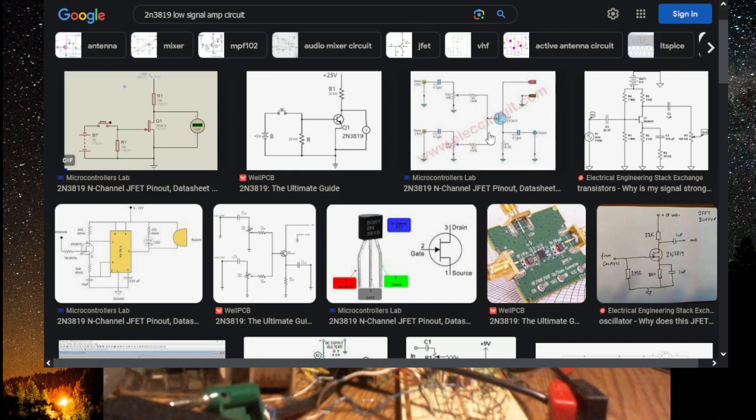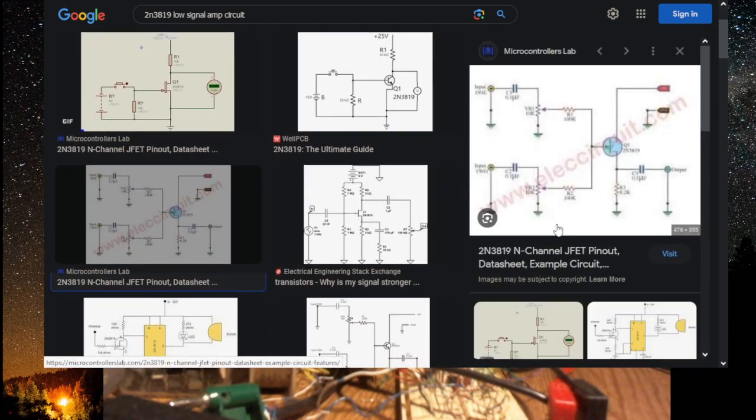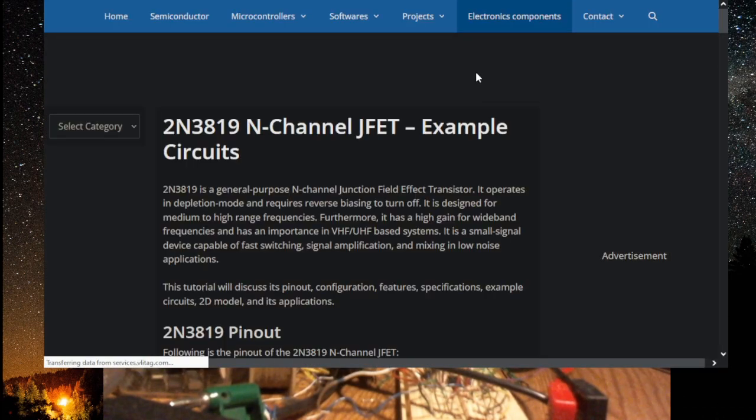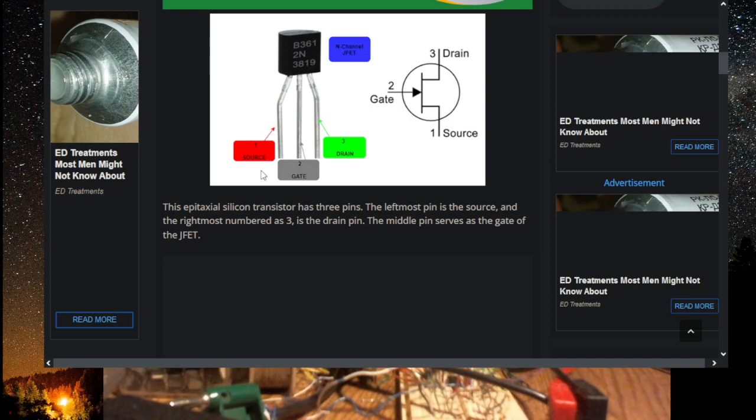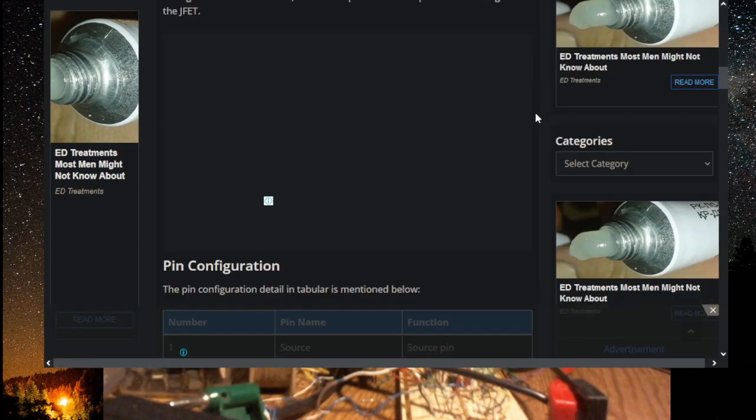I don't know what kind of a circuit this is. It has two things going in here. It's got two input sources into one transistor. I'm curious as to what this is. So that tells you what's where. You look at the flat face and it tells you source, gate, drain, that kind of thing.